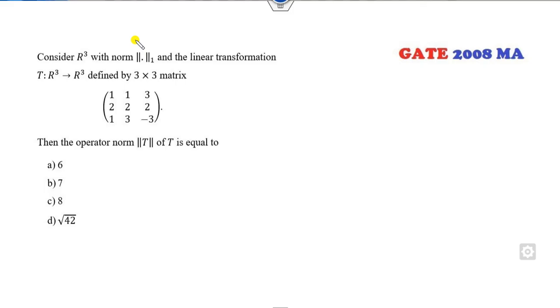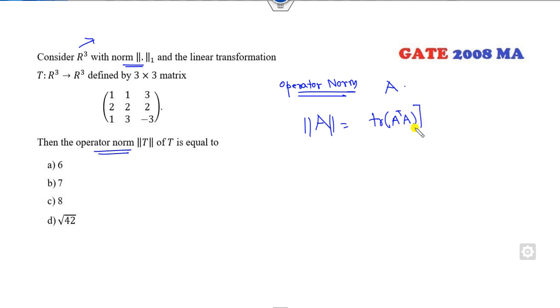Okay, look at this another one. A matrix is given to you, a linear transformation, operator norm. I told you earlier the definition of the operator norm. This is the matrix A. What is the definition of the norm here? This is nothing but the trace of A transpose A. You can simply find A transpose A, which is very simple.